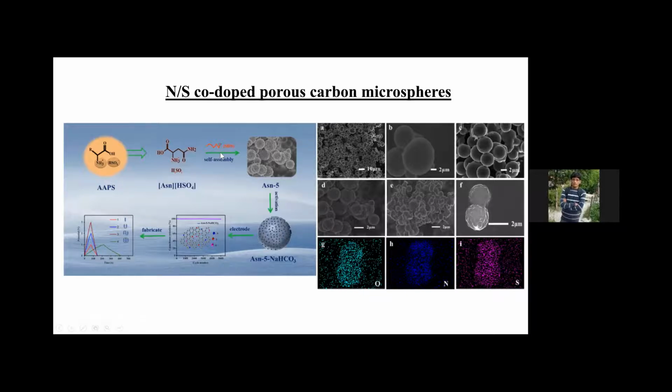SDS is also a polymer, and it contains carbon, so SDS is the carbon source, with the nitrogen and sulfur source, and after this hydrothermal they can get this type of structure.